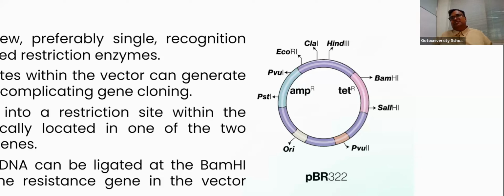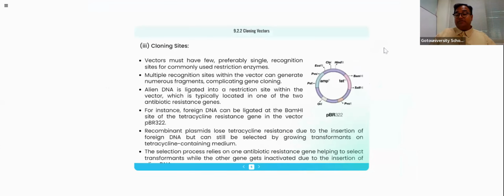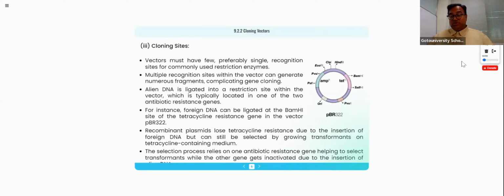Whenever I am teaching Haemophilus influenzae, you know very well it is a bacteria having DNA breaking capacity. Haemophilus influenzae is having a restriction enzyme. The restriction enzyme of Haemophilus influenzae is called what? HindII.